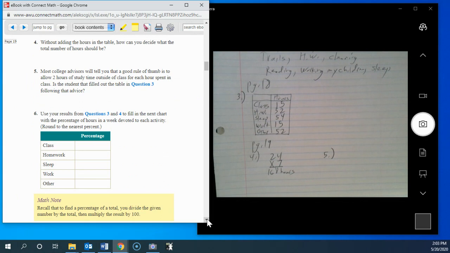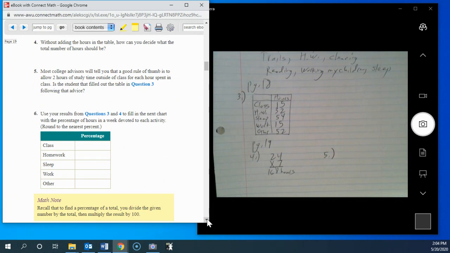All right. So if we look here at question 3, as far as study time, that would be basically your homework, which is 32 hours. Now it says, good rule of thumb outside of class for each hour. Is a student that filled out the table in question 3 following the advice?